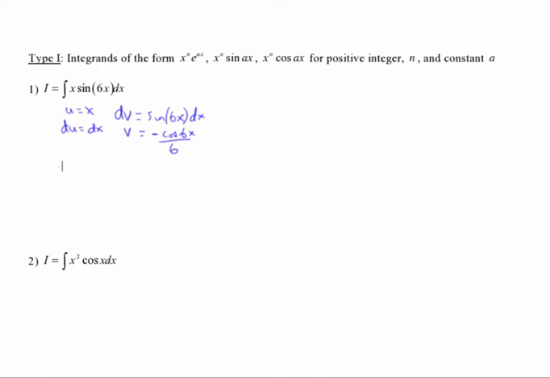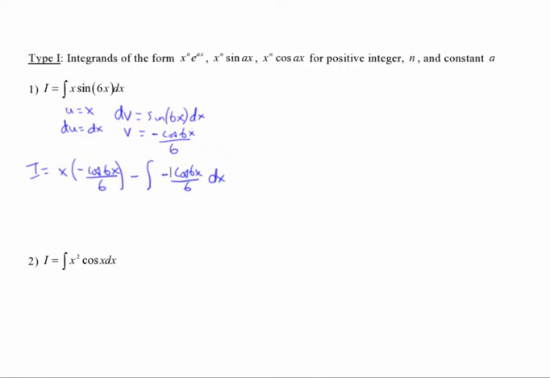And now let's apply it. So we have I equals u, which is x, times v, negative cosine 6x over 6, minus the integral of v, negative cosine 6x over 6, du, which is just dx.